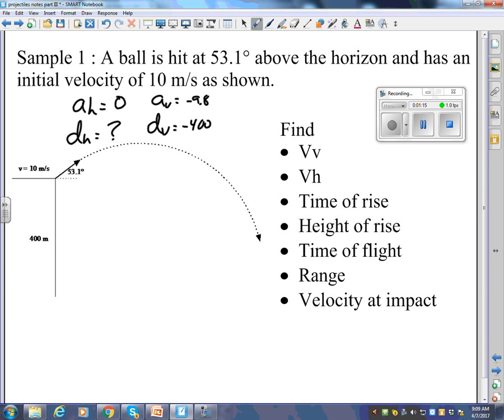We do not. But we are to find the components: time of rise, height of rise, time of flight, range, velocity, and impact. And once you've done the first two, really, this is just the next in line progression. It's not that hard.